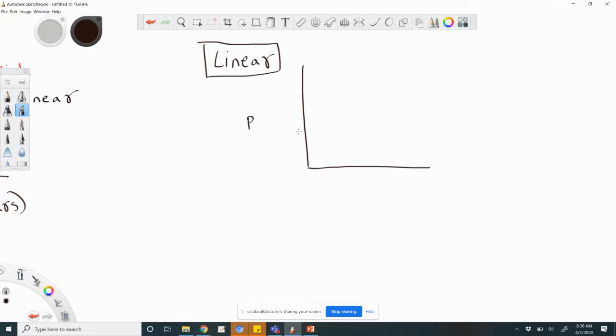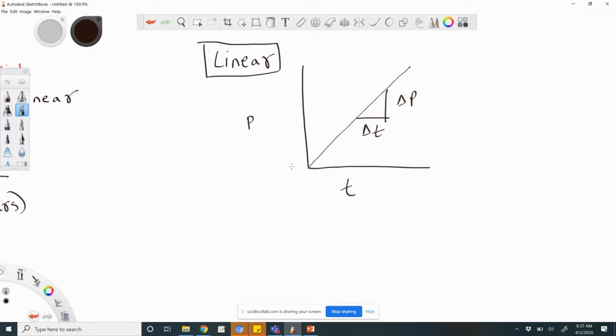So let's say I have a graph of p versus time, right? And this is dP/dt.